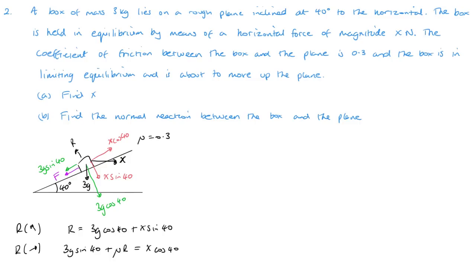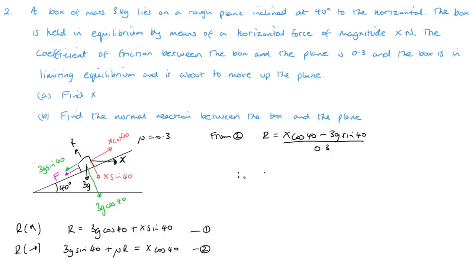Okay, so we need to find X. So from these two equations, I need to make equation 2 R equals and then substitute it into equation 1. So from 2, we get that R equals X cos 40 minus 3G sine 40 divided by mu, which is 0.3.